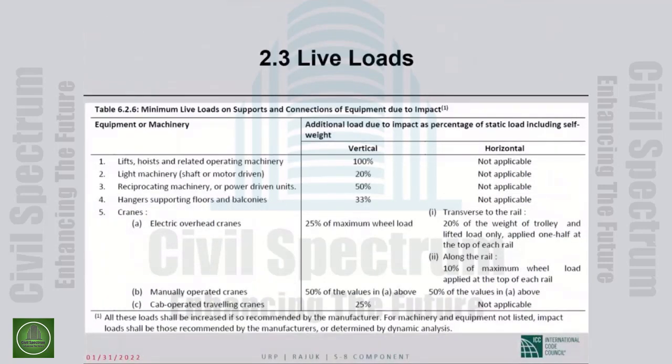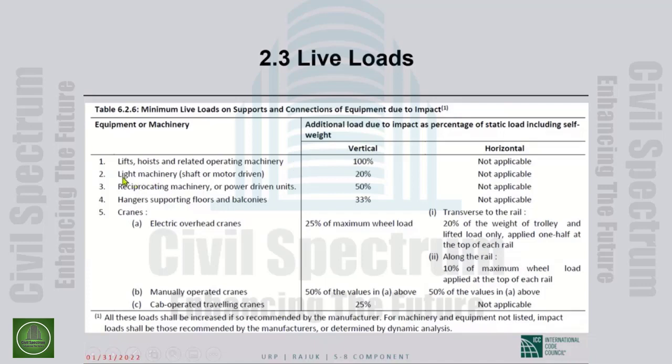The good thing I think is BNBC has given you this table. So additional load: this is equipment or machinery that you are dealing with in your building. Additional load due to impact as percentage of static load, including self-weight. For lifts, hoists, and related operating machinery, you will increase the load that is tabulated by 100%.